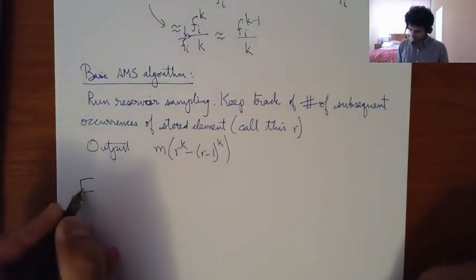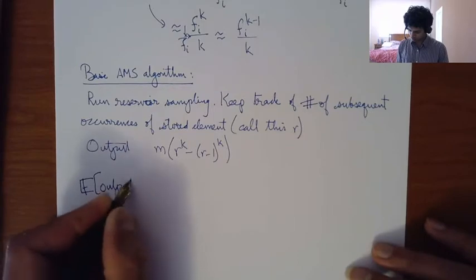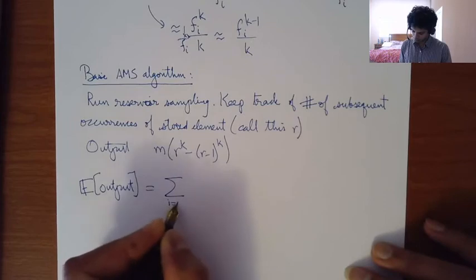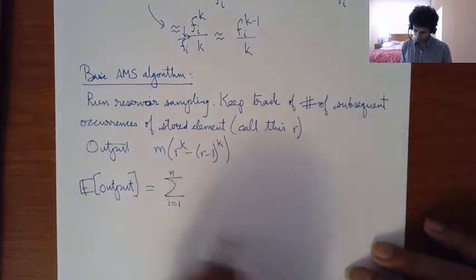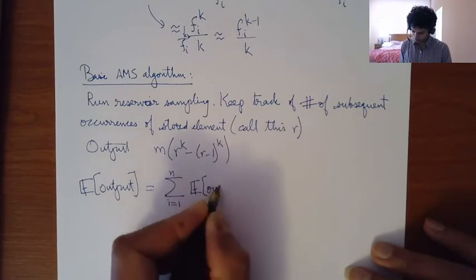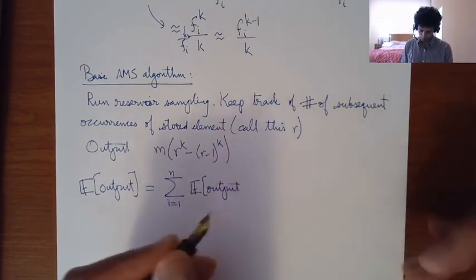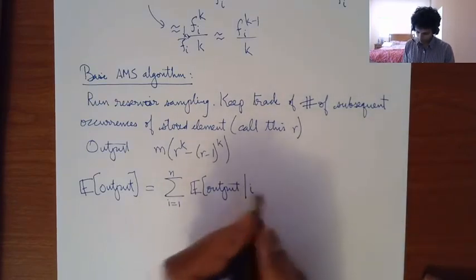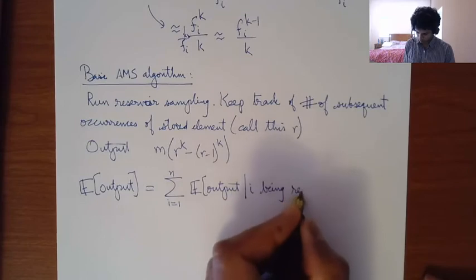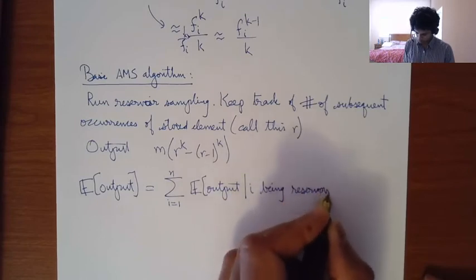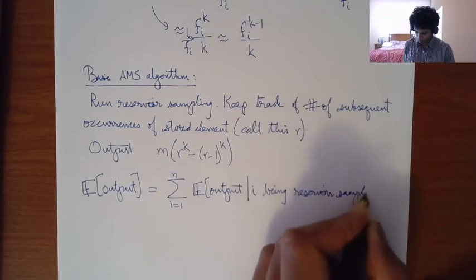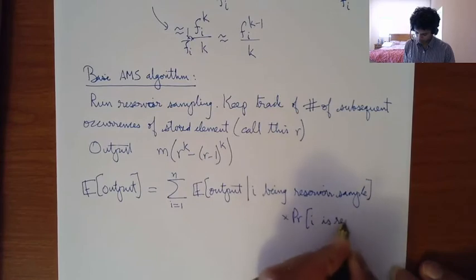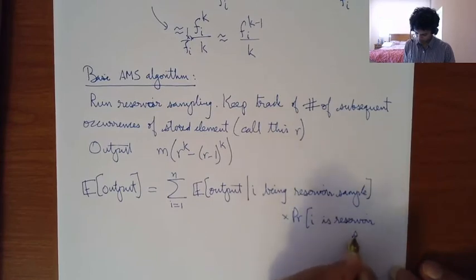So let's look at what is the expected value of the output. So the expected value is, I'm going to sum I going from 1 to n, the expectation of the output conditioned on I being the reservoir sample, times the probability that I is the reservoir sample.